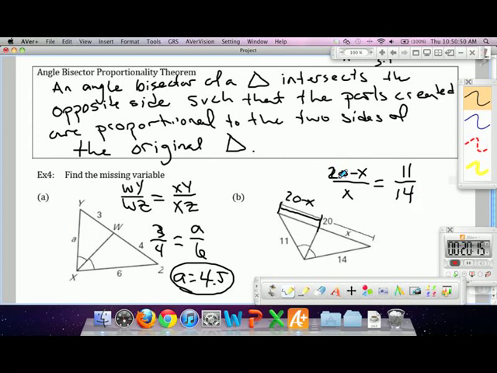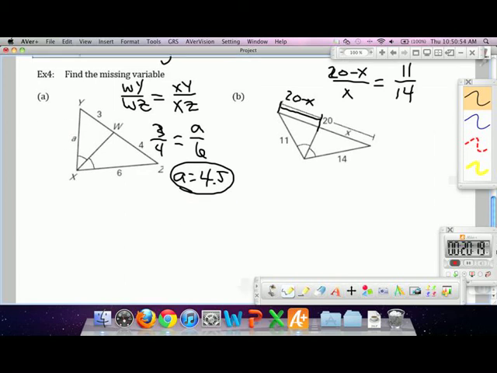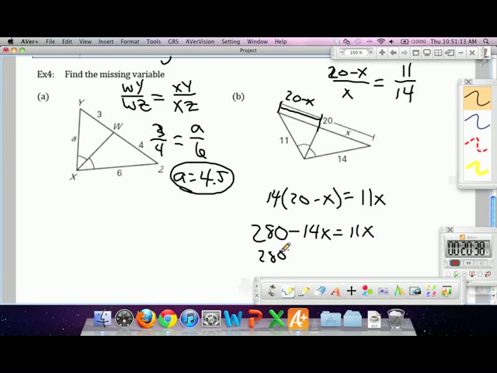We end up with 14 times 20 minus x equals 11x. By distributing, 280 minus 14x equals 11x. 280 equals 25 x's.